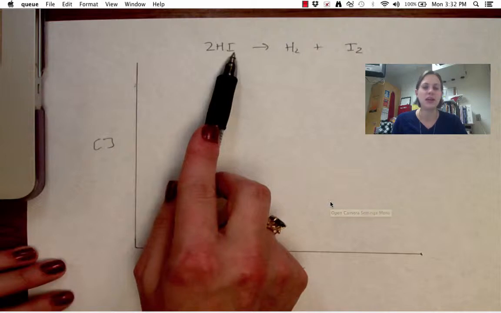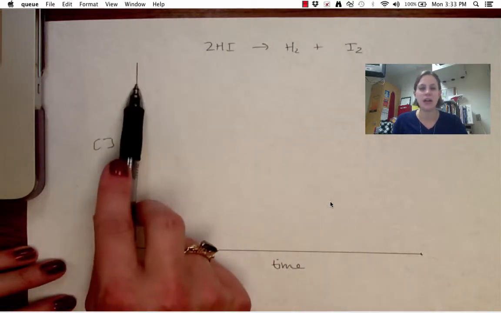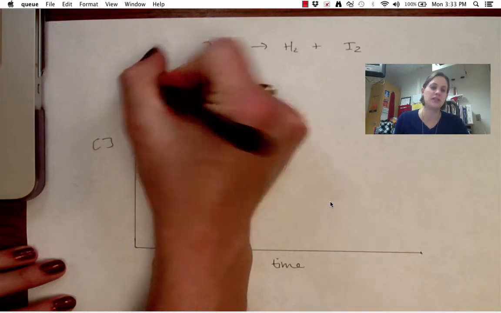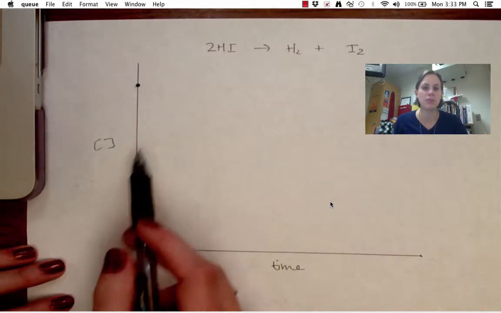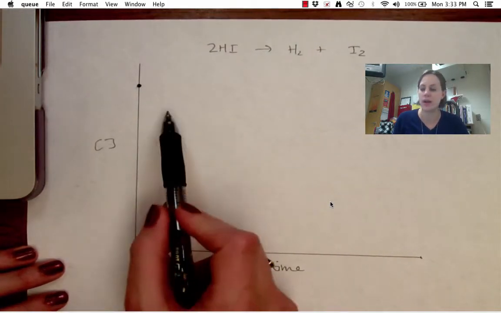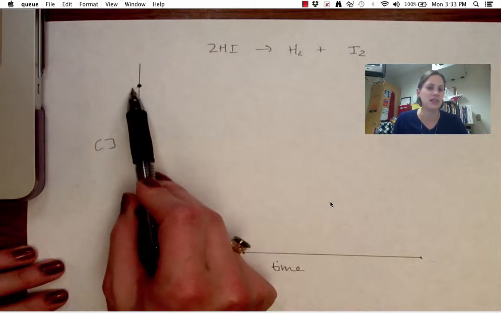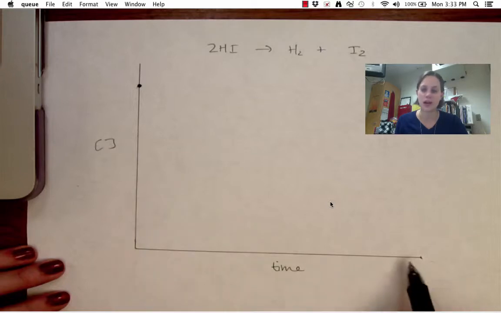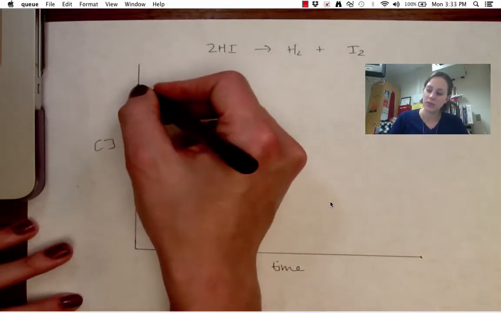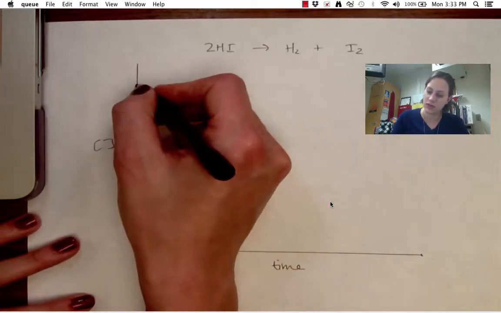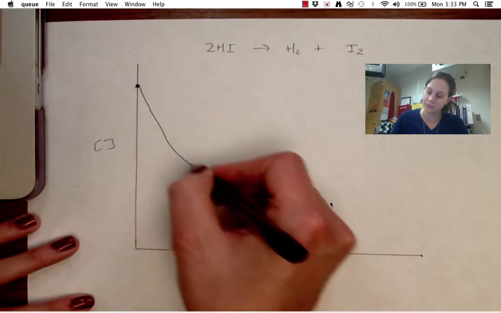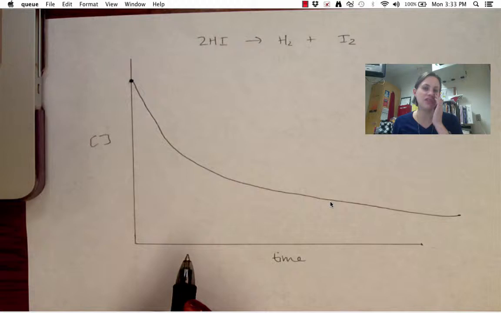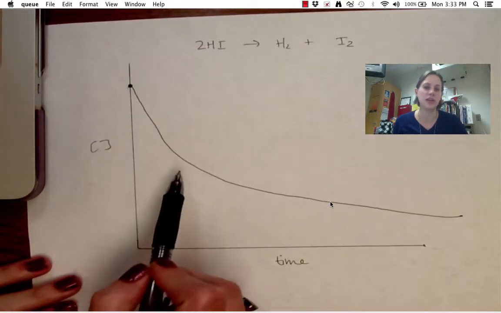If I start at the beginning of my reaction, my HI concentration is high, and there's no products necessarily in my reaction container to start with. So HI is way up here. And as time goes on, the reaction will proceed kind of like this. I'll draw a little curve here. That's kind of just a rough sketch of what that concentration change might look like.